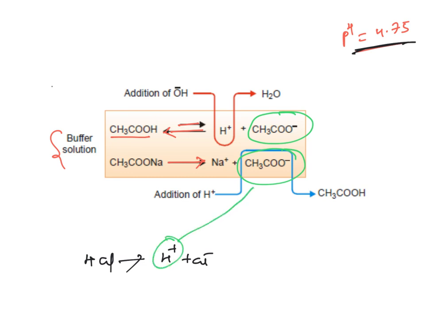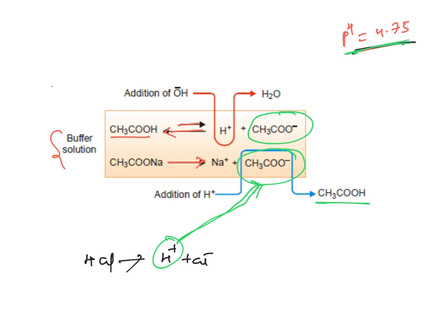The H plus is taken care of by the acetate ion, which is converted into acetic acid, and we know that acetic acid is a weak electrolyte and its dissociation is very small. The pH remains approximately the same. So whatever H plus is coming from the acid is taken care of by acetate, and the pH remains approximately the same.